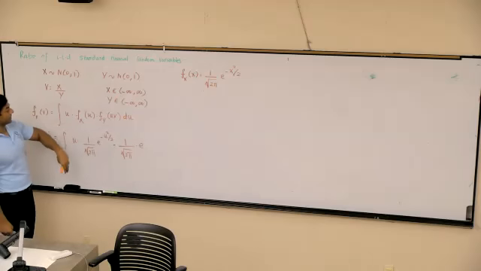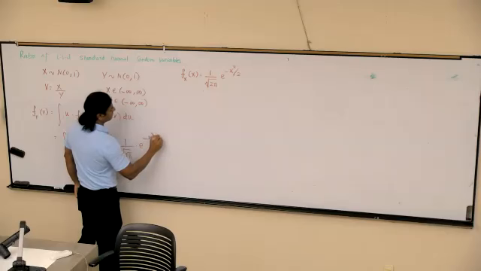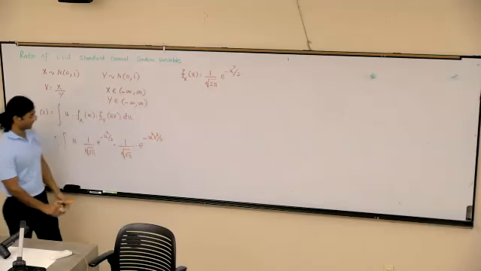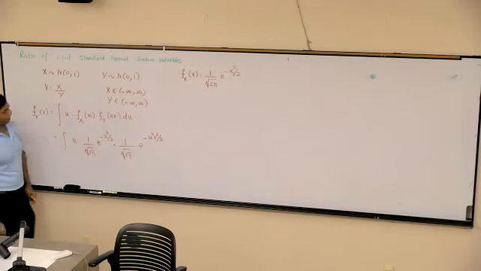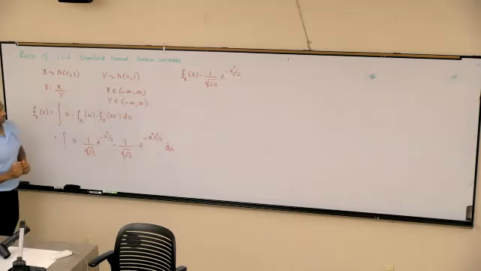I'm going to replace that y by uv. I'll have minus u squared v squared, and dv.